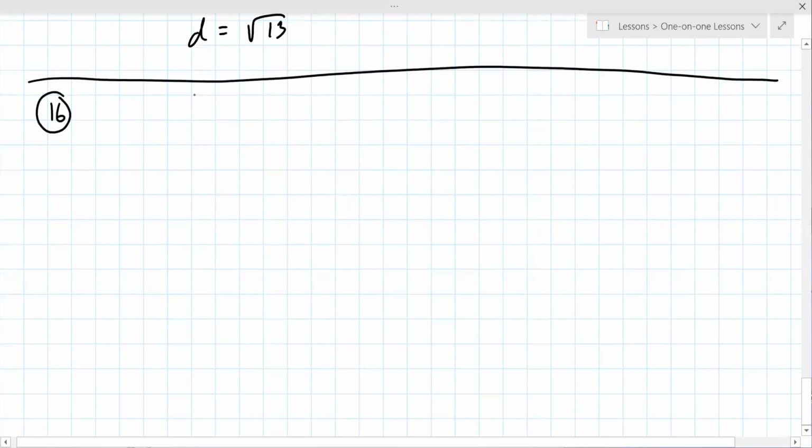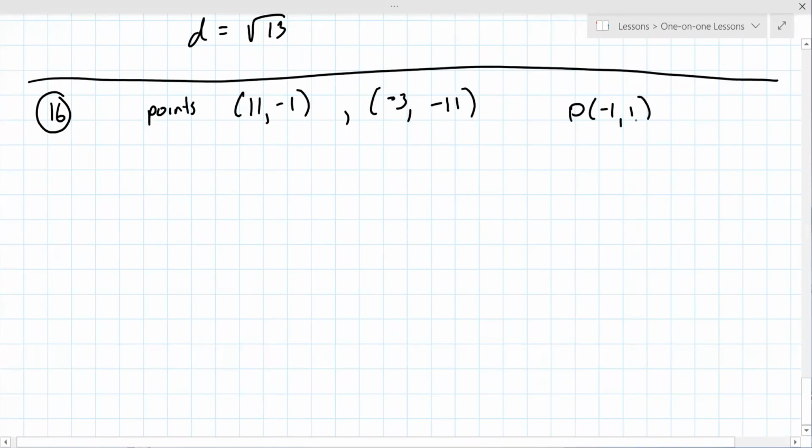16 has points 11, comma, negative 1, negative 3, comma, negative 11. And P has coordinates minus 1, comma, 1. Just like before, we have to find the slope here. So this time the slope is going up this way. It's kind of a line like that, and there's a point there, and you're trying to find it.